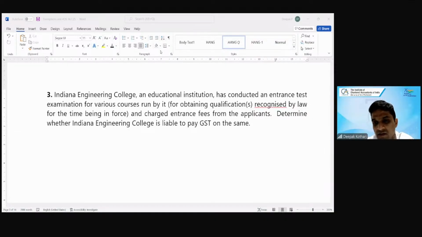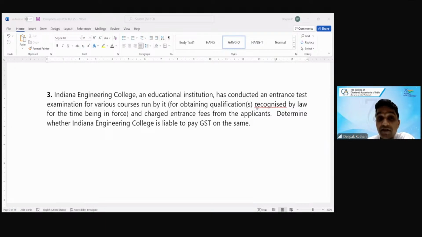Lalisha has given the right answer. Not liable? You mean to say not liable to tax or not liable to exemption? Yes. Yes means what, Durari ji?